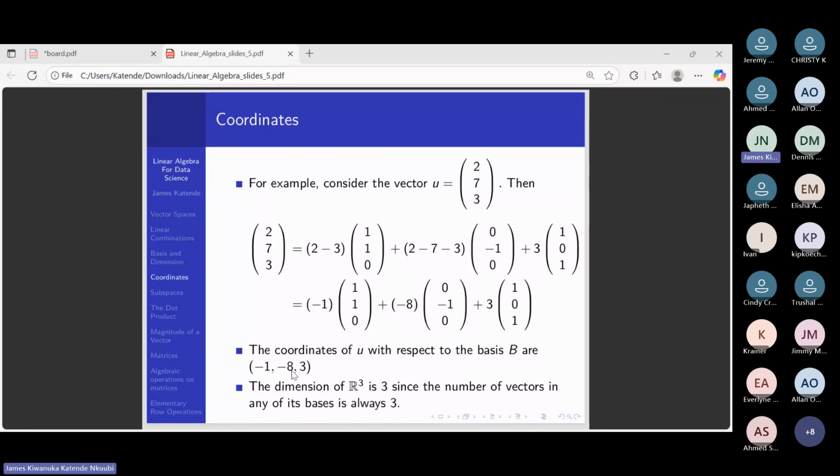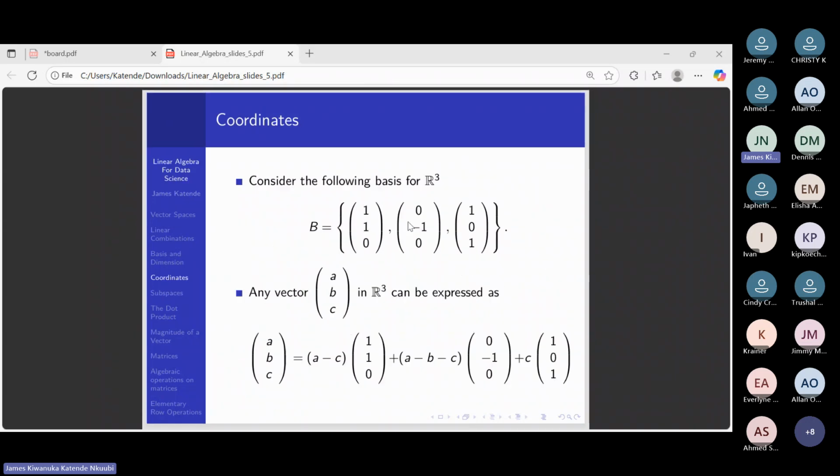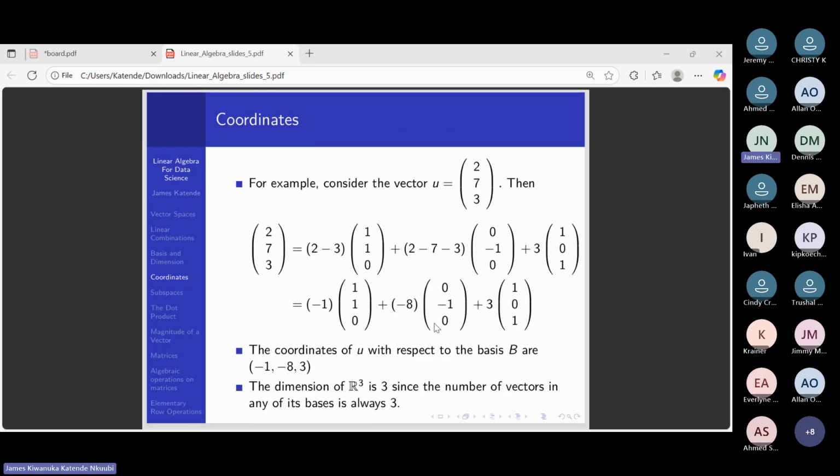So these are the coordinates of the vector U with respect to this basis for R3. This is a basis, and the coordinates are obtained here. These are the coordinates.